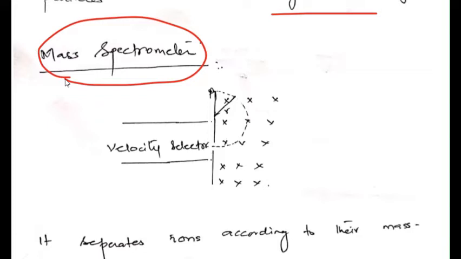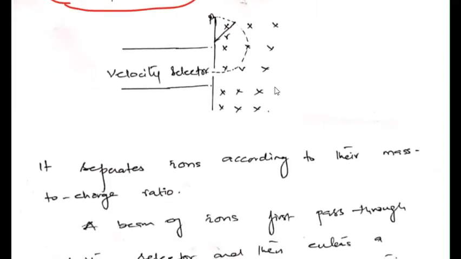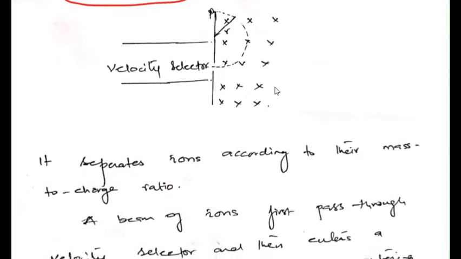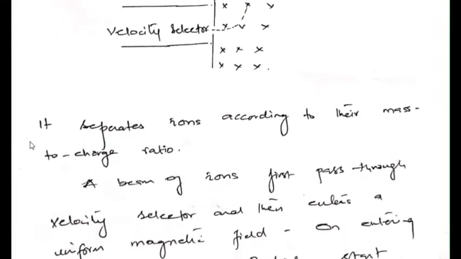If you want to separate hydrogen, deuterium and tritium from one another, the mass spectrometer becomes very handy. It separates ions according to their mass to charge ratio. So it is used for both of these purposes.